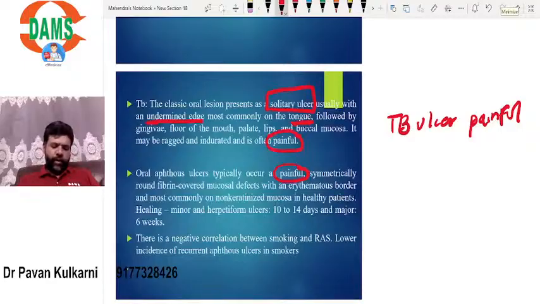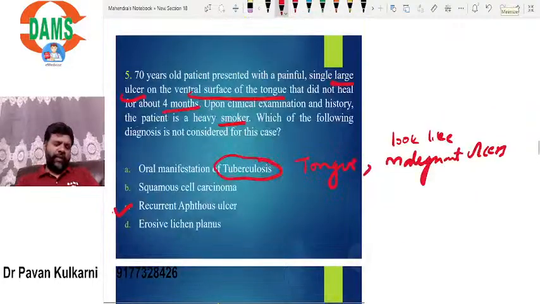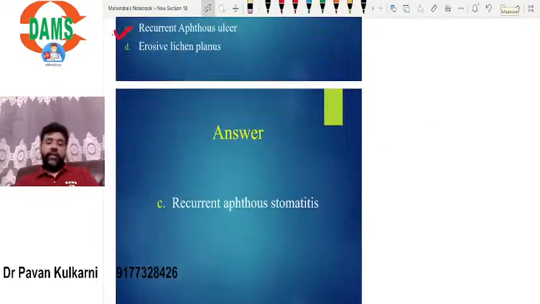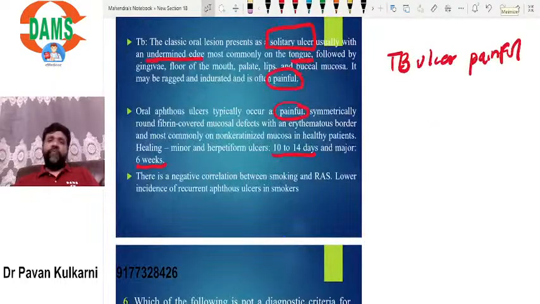Usually they will heal. The minor and herpetiform types heal within 10 to 14 days. They'll not take so much time. However, major will take around 6 weeks. But in this question, what have they given? 4 months. Since 4 months, the patient is having an ulcer. So that itself tells us this is not the correct answer.